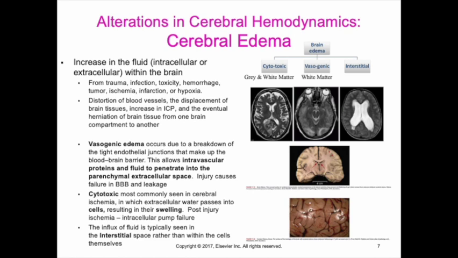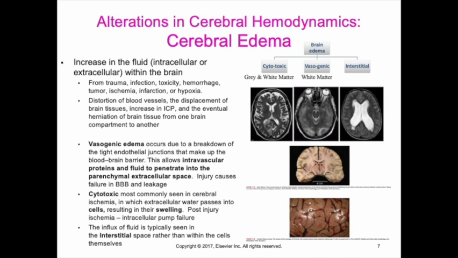Ischemia specifically, though, is more commonly the cause of cytotoxic type edemas, where vasogenic edema occurs due to the breakdown of the tight endothelial junctions that make up the blood-brain barrier. Well, this is going to allow the intravascular proteins and fluids to penetrate into the parenchymal extracellular space, and the injury will cause a failure in the blood-brain barrier, which then will result in leaking.